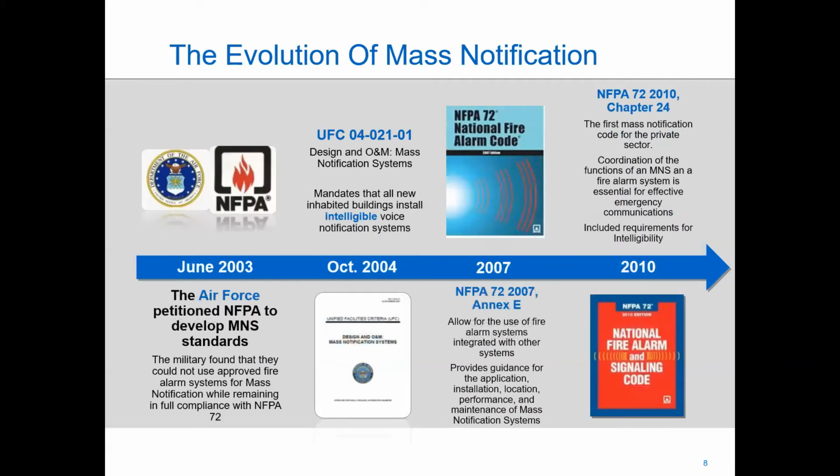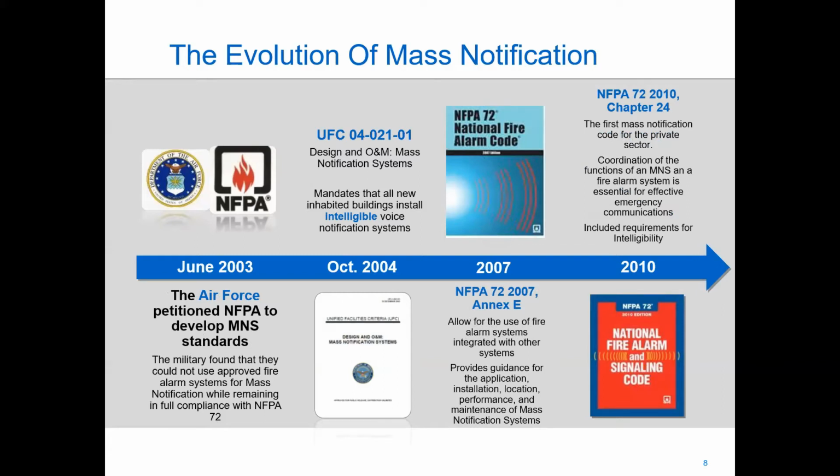So as you progress up through the military at UFC, it started working in parallel or in combination with the fire standards. It was likely that that's where it was going to go in a commercial sense. So the Air Force worked with NFPA to develop standards, and then NFPA started getting involved and adding annexes.